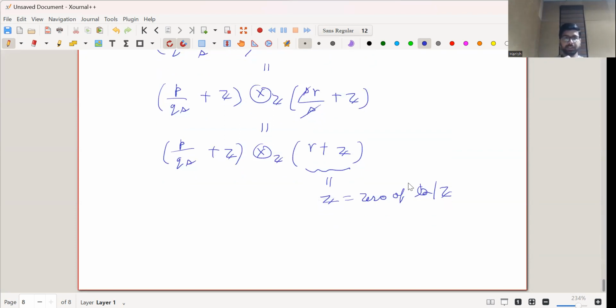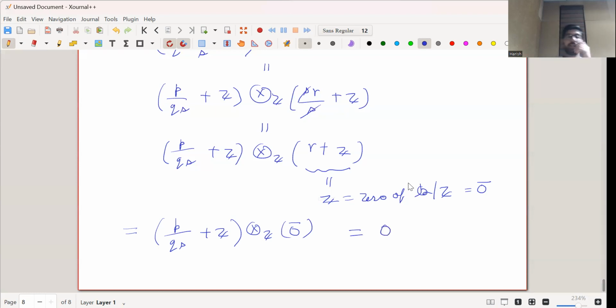So this is same as p/qs + Z, I will denote it by maybe 0 bar, tensor over Z with 0 bar, the 0 element of this module, and anything that tensors with 0 will give you 0.